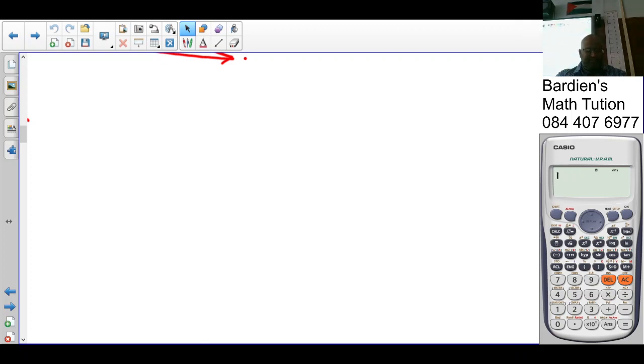So division is the next law of exponents. So yesterday we looked at the multiplication. Today we're going to look at the division.